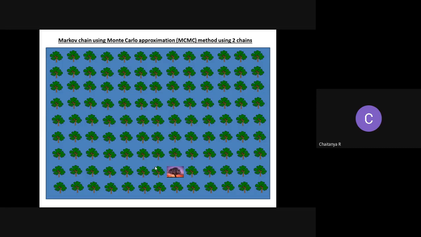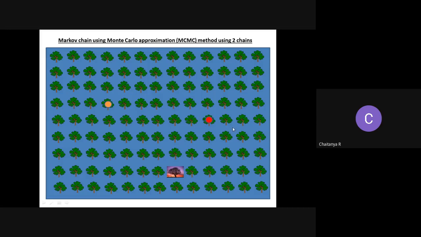So here is how the Markov Chain Monte Carlo approximation works. So let's assume we use 2 random chains. Okay, the 2 dots you see, the yellow dot and the red dot, represent the 2 Markov chains that we're going to start, and these chains start at random trees in your tree space. Okay, so one chain starts here and the other one starts somewhere else.